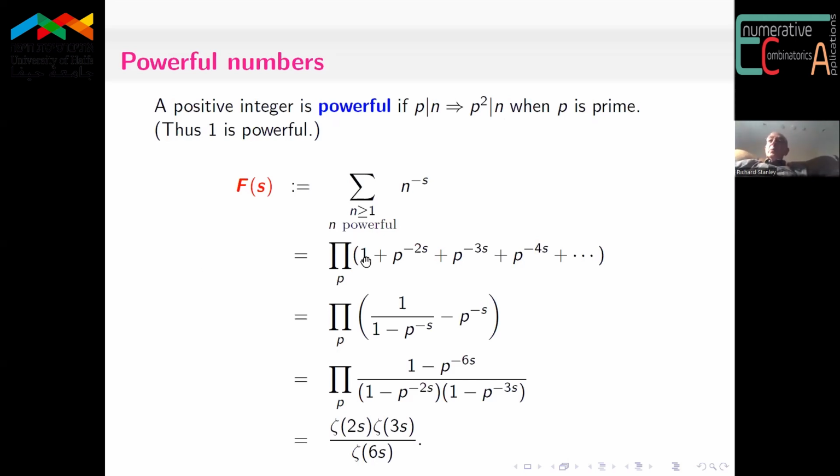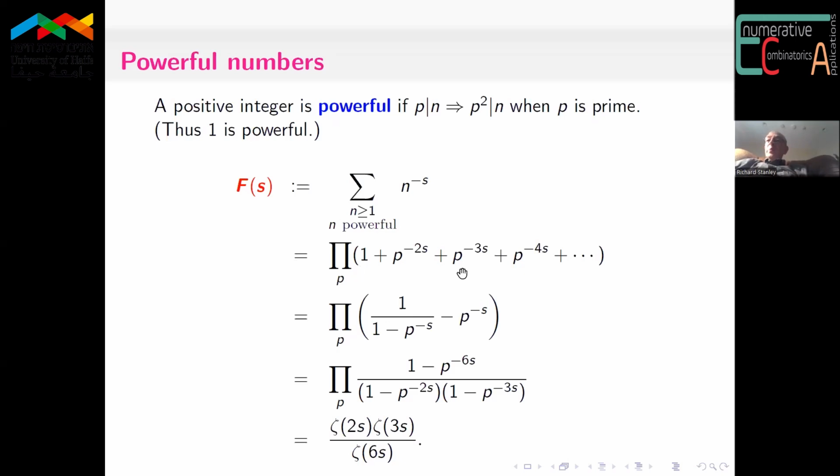So it's just this product, basically, because powerful numbers are determined by what happens with each prime factor separately. This is saying the prime factors can appear with multiplicity 0, 2, 3, 4. 1 is not allowed. Exactly the same kind of manipulation as for partitions and polynomials over Fq.